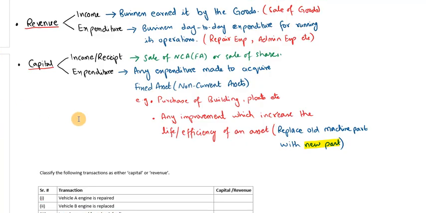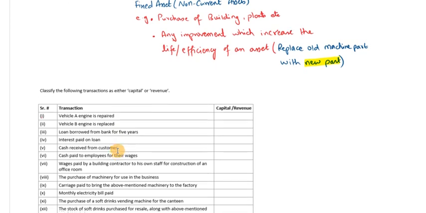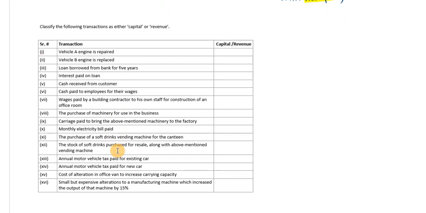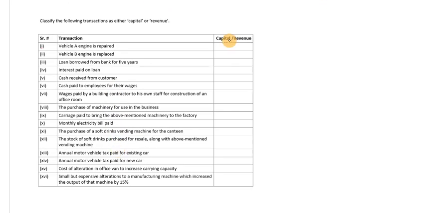Okay, if you understand the concept of revenue expenditure and capital expenditure, here is some activity you have to recognize. Either the following transactions relate to capital expenditure or revenue expenditure. The first one is: vehicle A engine is repaired.